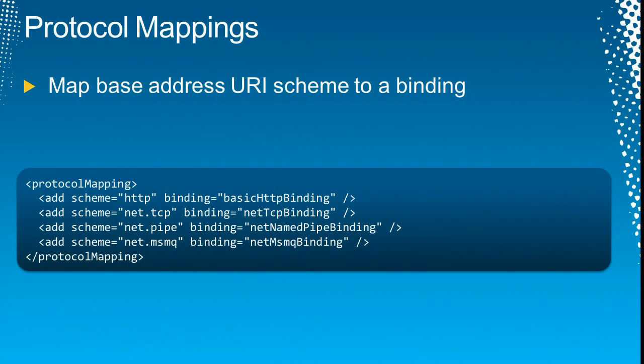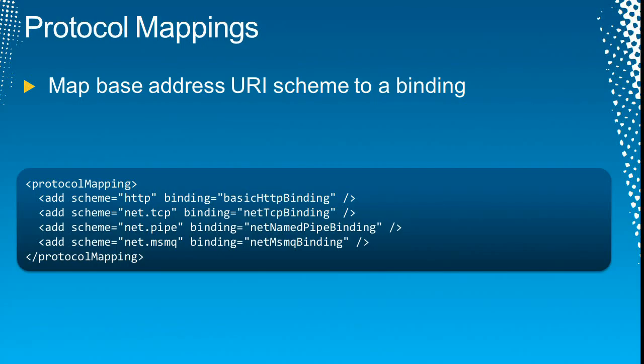The basic HTTP binding is basically plain text SOAP over HTTP. It's great for interop. It's very simple. For TCP endpoints, you will get the net TCP binding, which uses an optimized binary SOAP format over TCP. And it's great for cases where you're less concerned about interop and you're more concerned about just making things really fast, like for back-end systems where you know you're doing Microsoft to Microsoft.